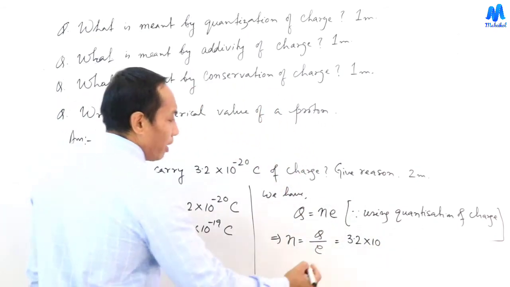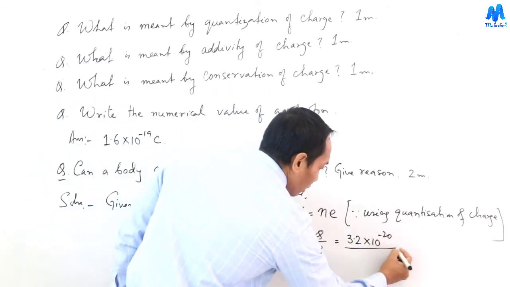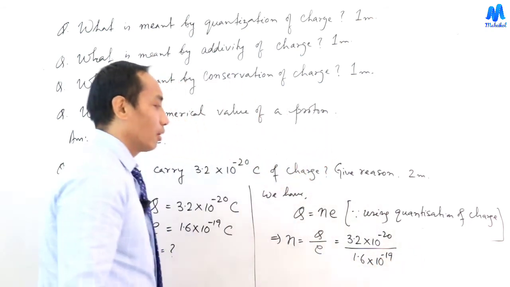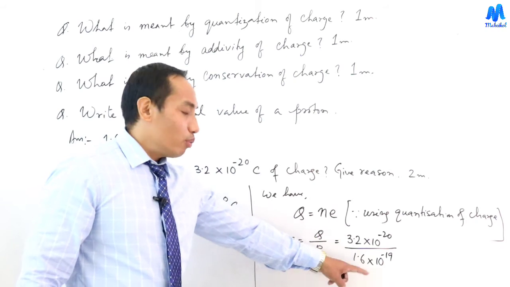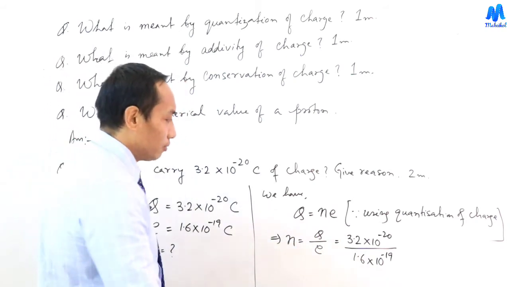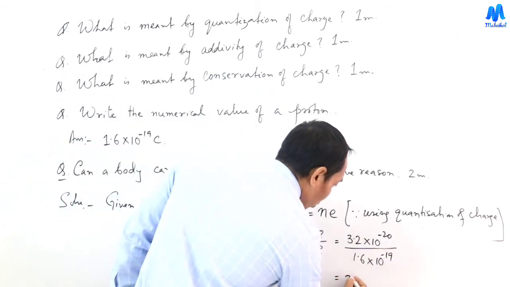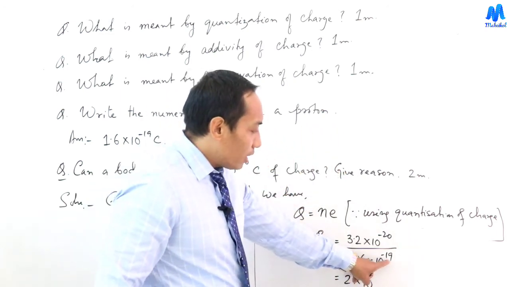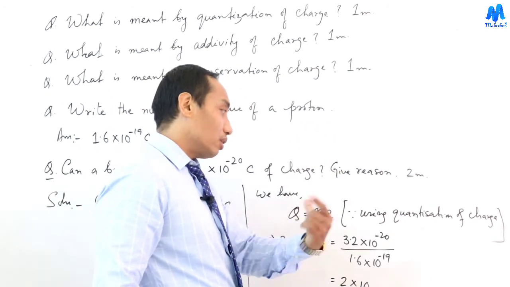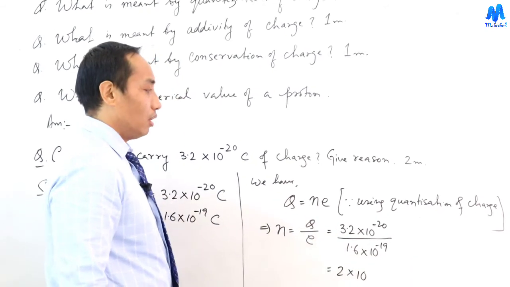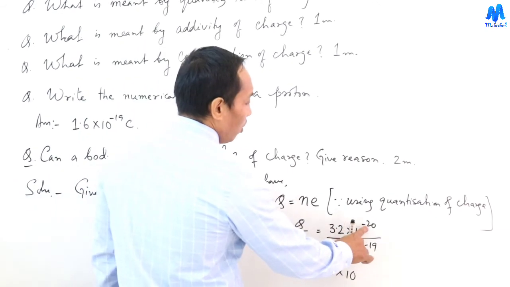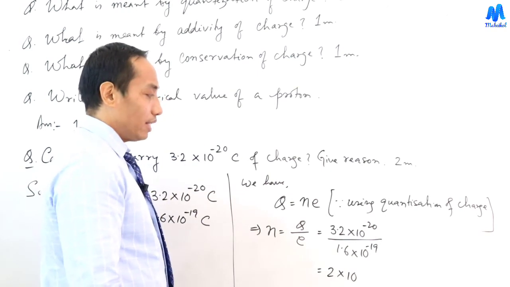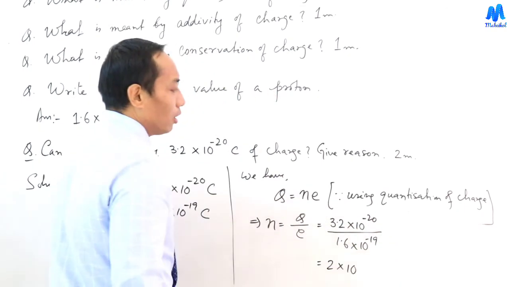3.2 into 10 to the power minus 20 divided by 1.6 into 10 to the power minus 19. 3.2 divided by 1.6 is already 2. So 2 into 10 to the power minus 20 plus 19, which gives 10 to the power minus 1.